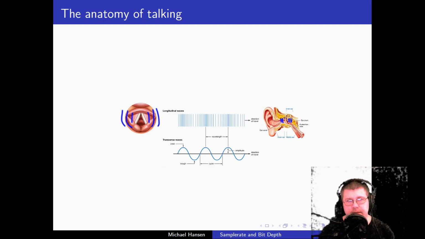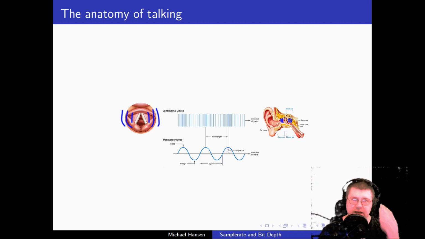Now, we also use our chest cavity and our head as resonance chambers, but I'm not going to go into details around that, because that's more of a subject on how you use your voice rather than how your voice works from a physical perspective. So we'll forego that. So that translates into what we call waves in the air.